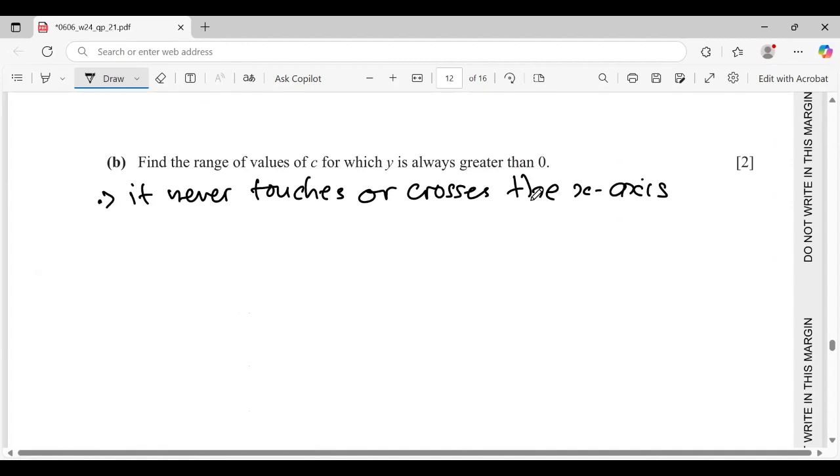Why? Because this quadratic equation, based on the previous information, has no real roots.